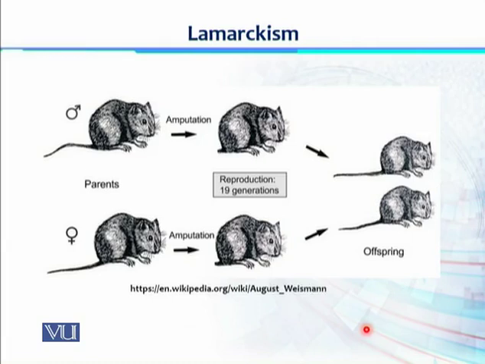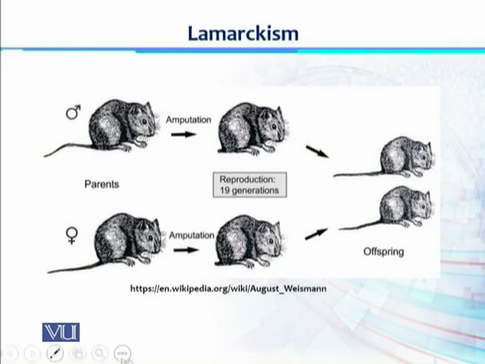So therefore, August Weismann suggested that those characters which are appearing in the morphological features or the somatic tissue of the organisms are not transferred to the next generation, and only those changes and variations which occur in germ cells are transferred to next generations.